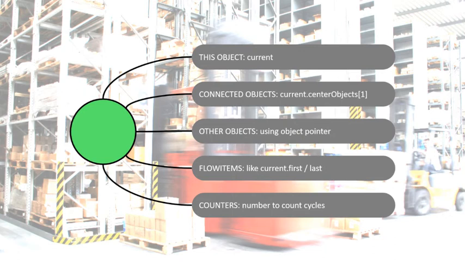You can point, of course, toward other objects by using their names, their full addresses, and you can do that by using the sampler and sampling the object. You can also point toward flow items by using the commands first or last. What Flexim will do is go to current or to the object that you have selected, and look for the first object there or the last object there. It could be a box, it could be a pallet, it could be anything that's inside that object you pointed to.